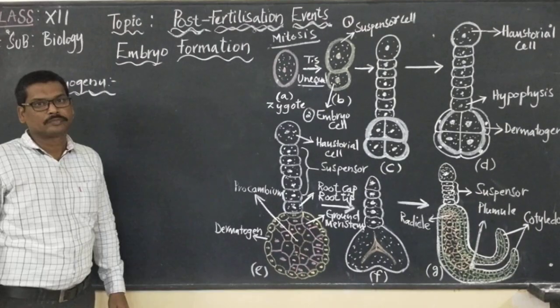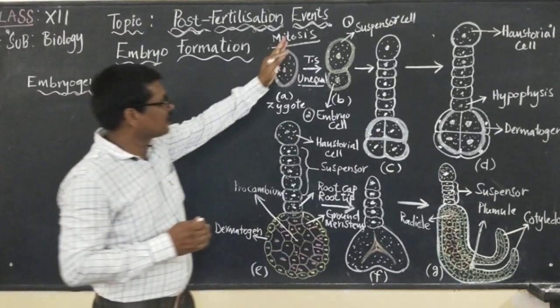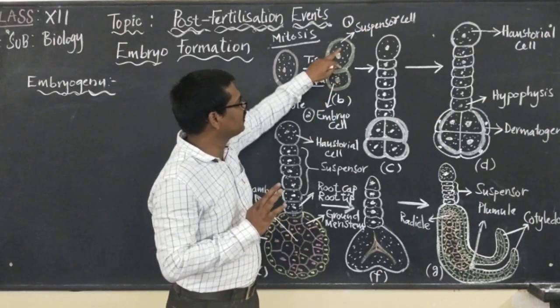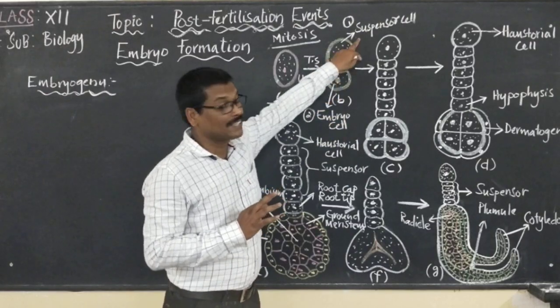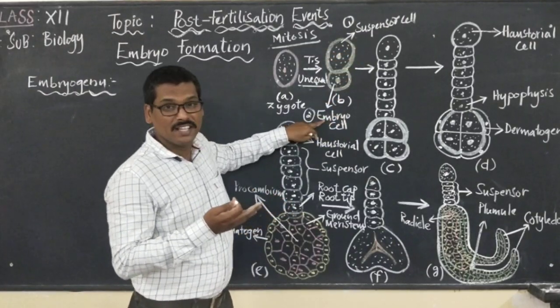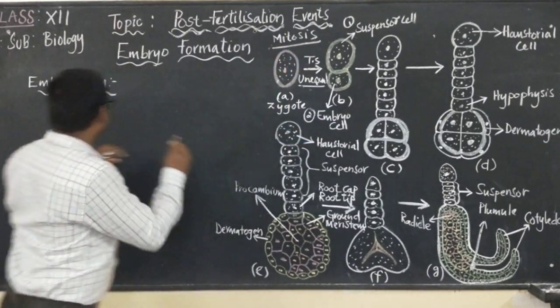Now we will see what is happening with the suspensor cell and what is happening with the embryo cell. We said the suspensor cell is towards the micropyle region, whereas the embryo cell is towards the chalazal region. So first we will look at the suspensor cell.